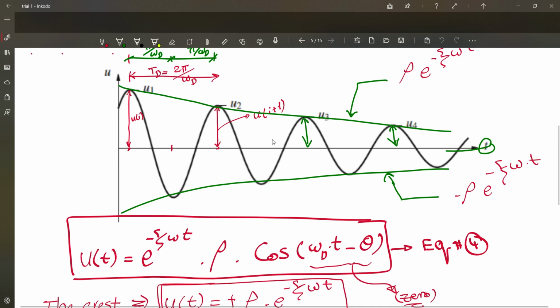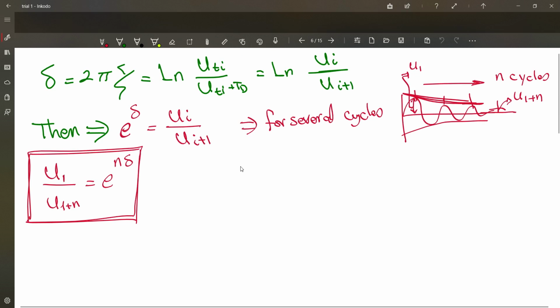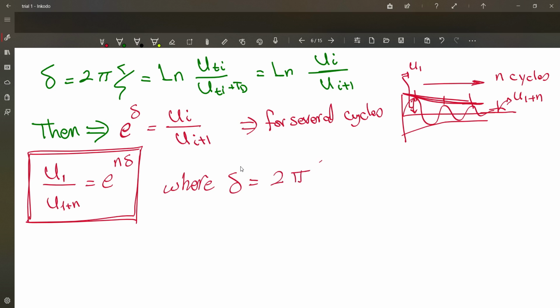So our equation now gives us this ability, where sigma is equal to, as we said, 2 pi psi. This is our sigma.